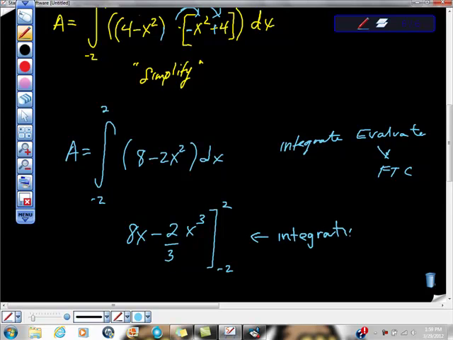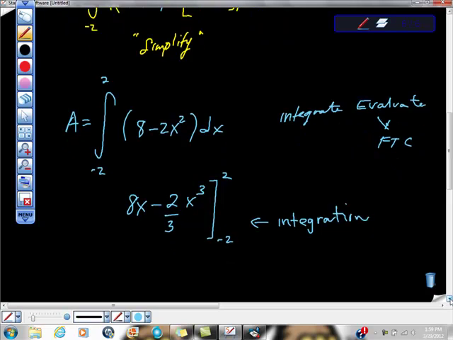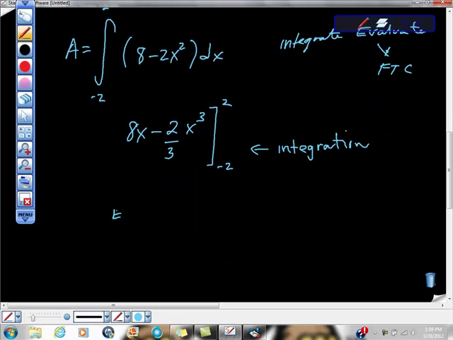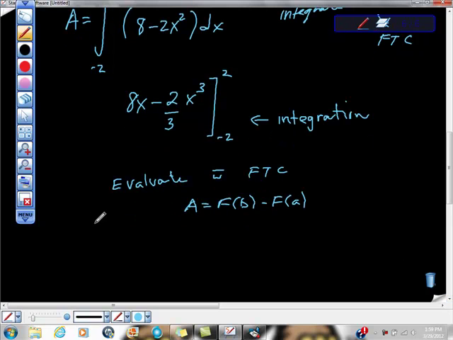And what do we say we're going to do after we integrate? We're going to evaluate, with the fundamental theorem of calculus, which says that area is equal to big F of b minus big F of a, however you want to describe that. And when we do all that work, it comes out looking like this, and I'm not asking you to do it.